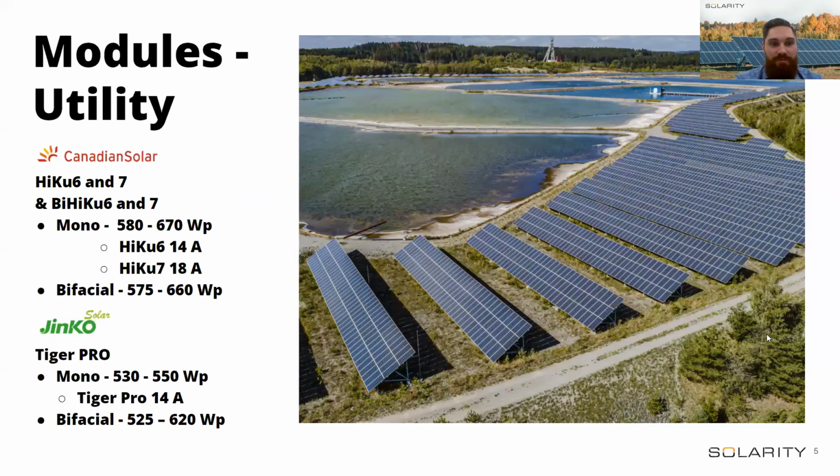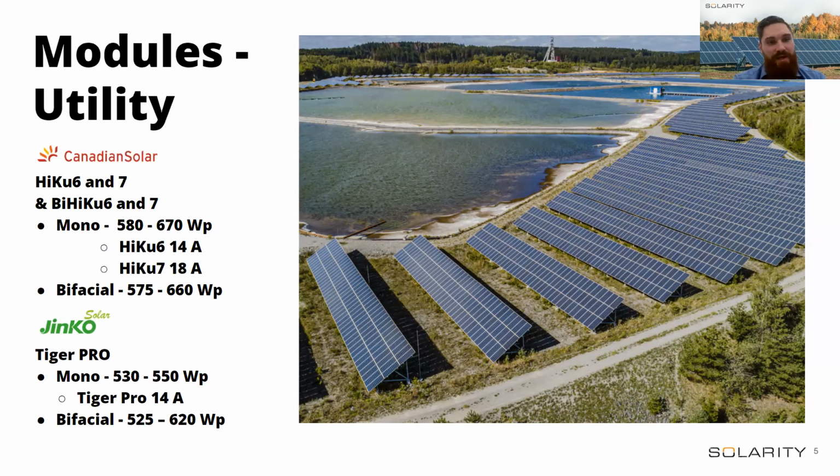So utility projects. Here in this picture you can see a nice project in Central Europe. It's a Ukrainian old mine, and the photovoltaic is around, so it's basically brownfield.